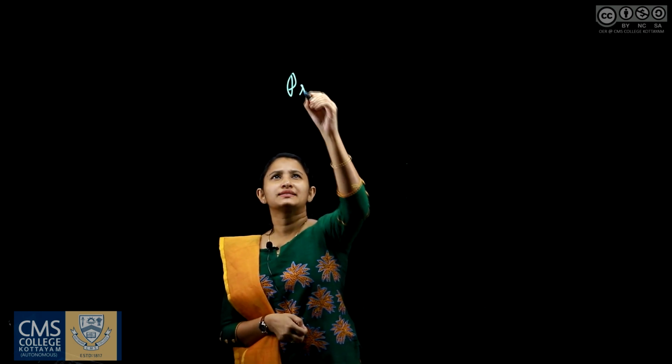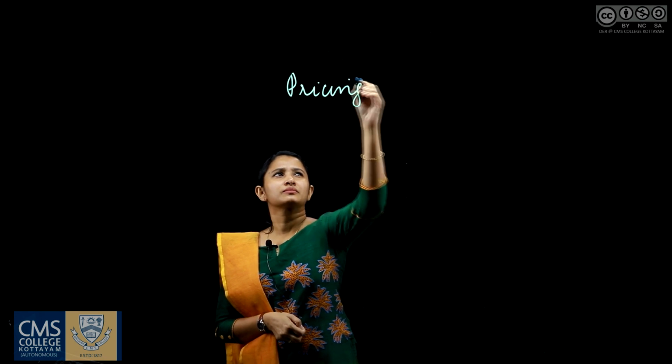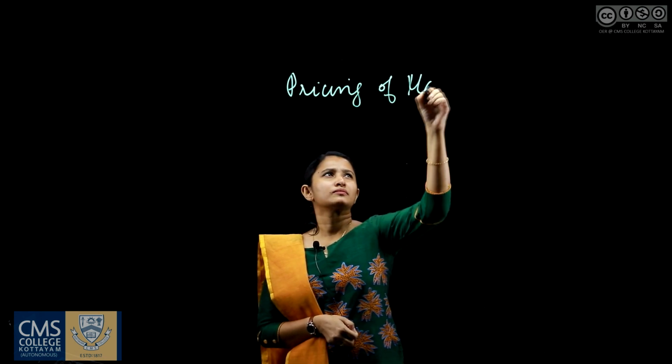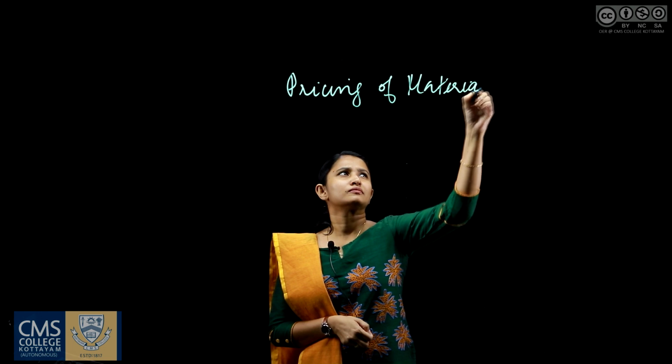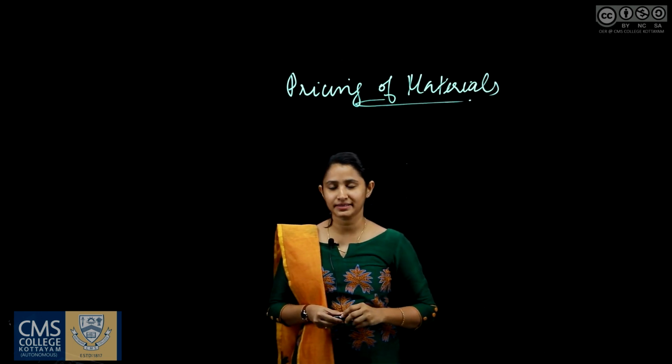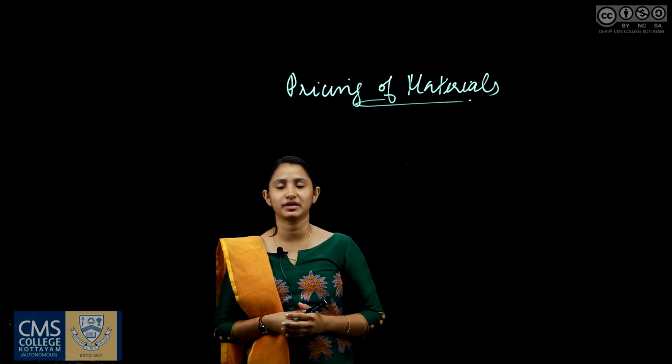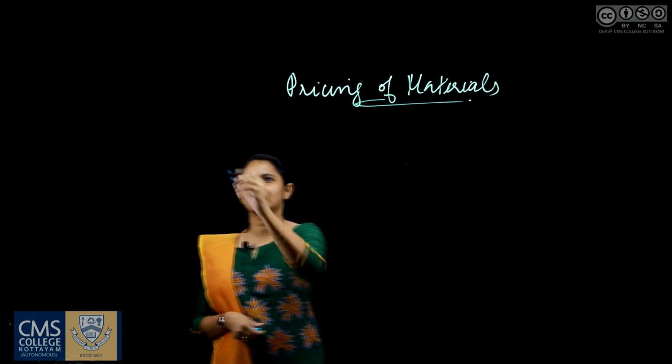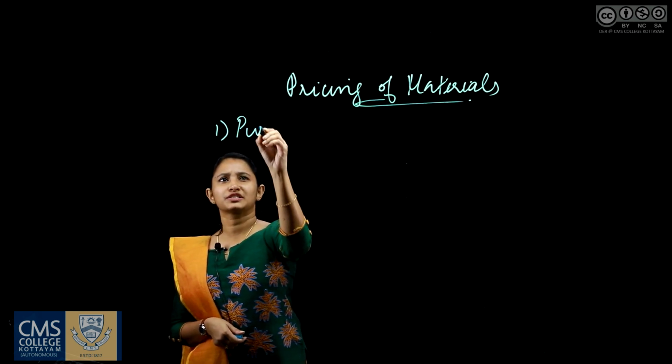Hello everyone. In today's session, we are going to deal with one very important topic in accounting for materials known as pricing of materials. In the last classes, we discussed that there are three basic steps involved in accounting for materials. One is purchase control.